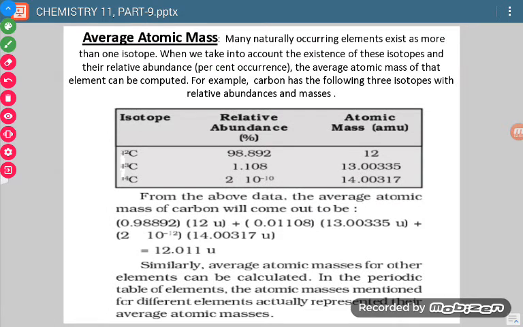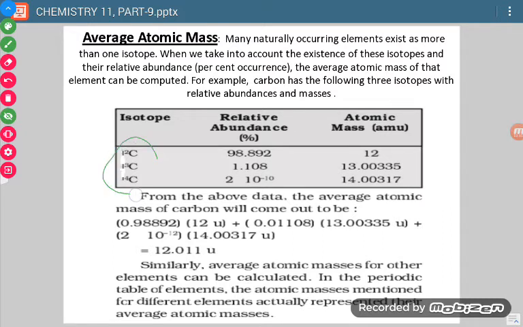Now, average atomic mass. What is the difference between average atomic mass and atomic mass? Atomic mass is calculated for those elements where no isotopes exist, but if isotopes are present, then we need to take average atomic mass. We have to consider their abundance, and after calculation only can we say what the exact value is.